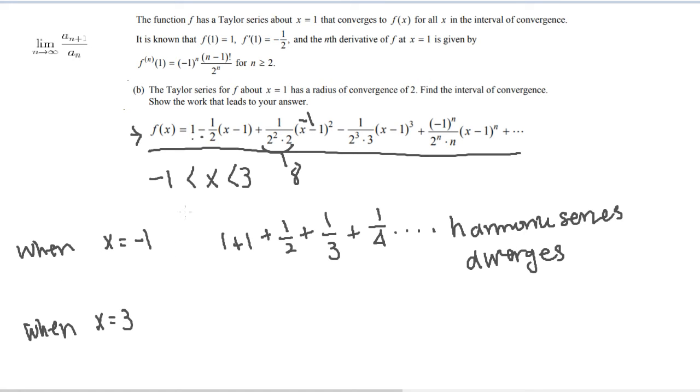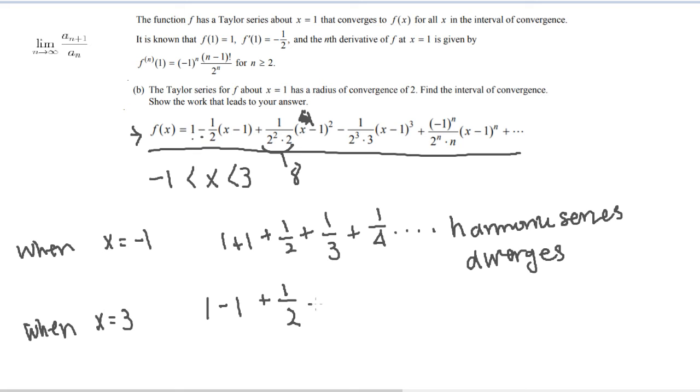So when x equals 3, let's plug in 3. When I plugged in 3 and calculated, I'll just do the first few terms with you. 3 minus 1 will be 2, and it doesn't change the sign. Oh, that's wrong, just ignore this. 3 minus 1 will be 2. 2 to the power of 2 will be 4, and this bottom one is 8, so it will become plus 1/2.